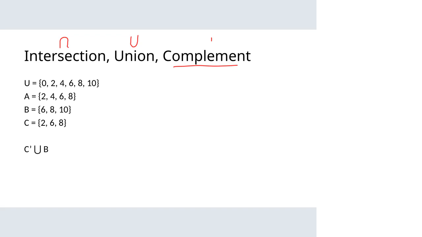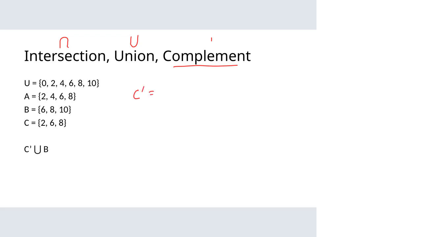So here in this problem, we're asked for C complement union B. So what we're going to do is find C complement, find B, and join them together. First, let's find C complement.